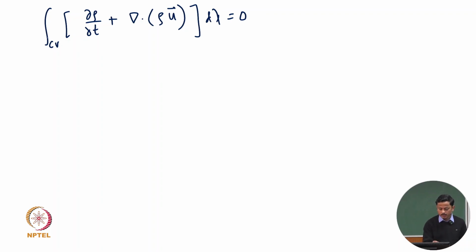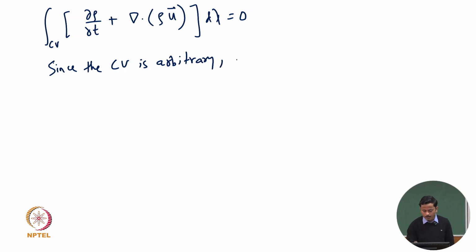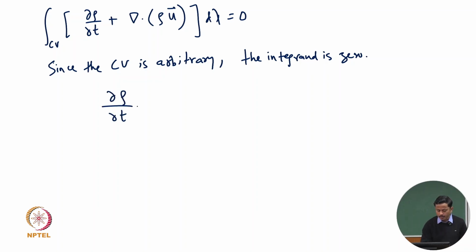Given that this whole integral is 0, and given that this holds for any arbitrary CV, since the control volume is arbitrary, the only way this equation holds is that the integrand is 0. That is, now we have del rho by del t plus del dot rho u equal to 0.